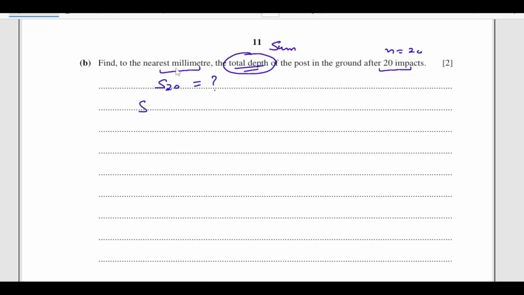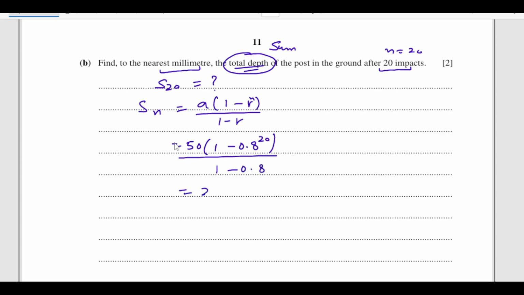So we know the formula of Sn is A into 1 minus R power n over 1 minus R, right? So this is 50 into 1 minus 0.8 power 20 over 1 minus 0.8. So this is 247.11, approximately 247 millimeters, right?